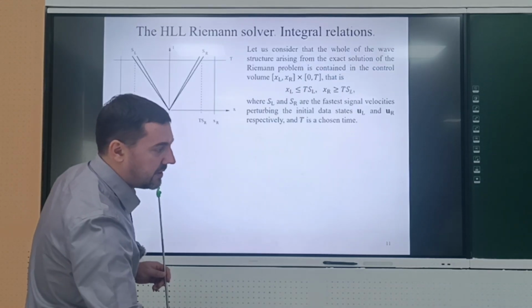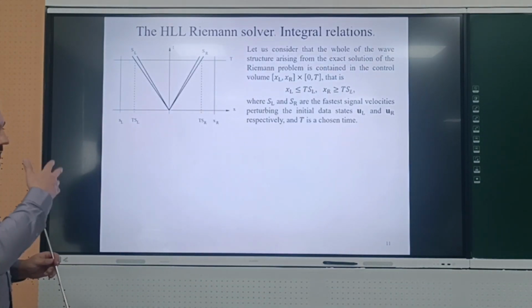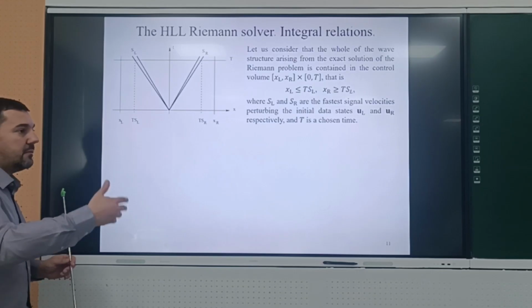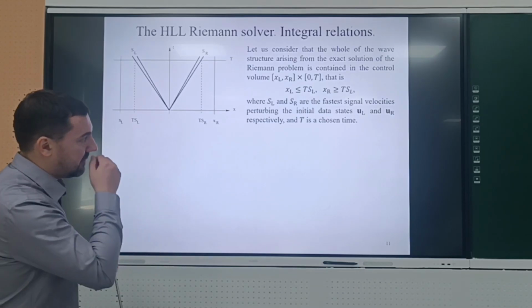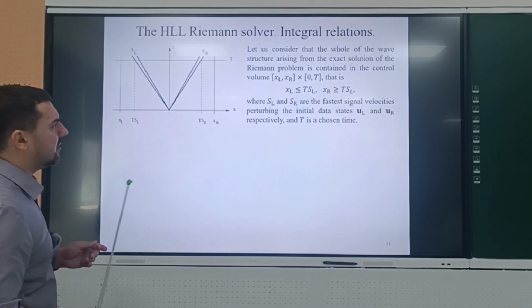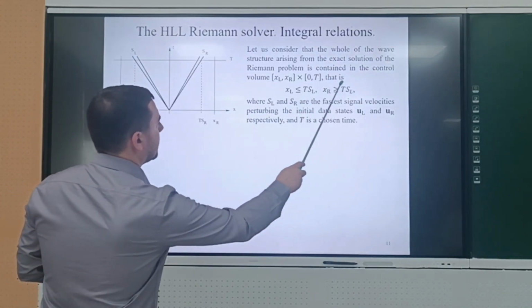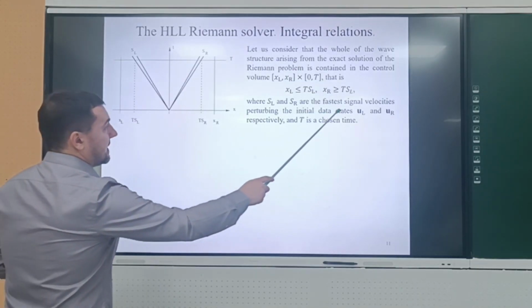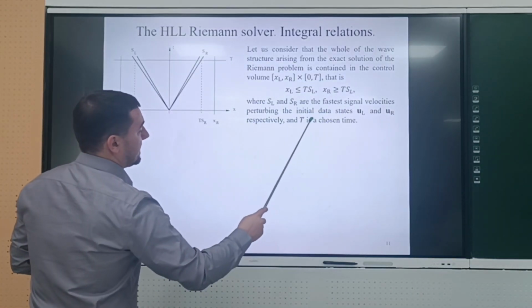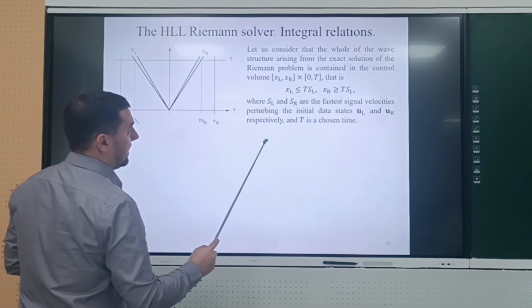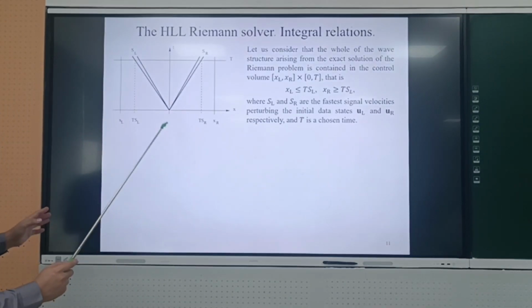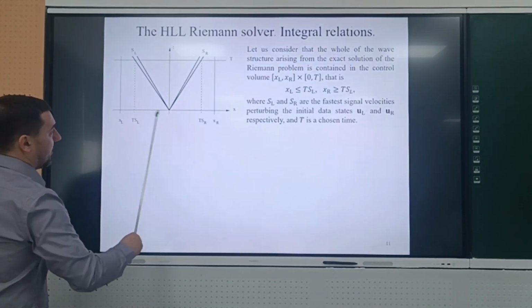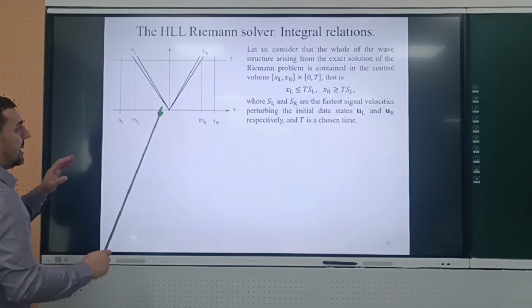Here we believe that we know them during this consideration, and after that I will provide you some estimations for this. It's a misprint, it should be SR here. SL and SR are the fastest signal velocities perturbing the initial states, UL and UR respectively, and T is the chosen time. So the whole wave structure should be inside this control volume.